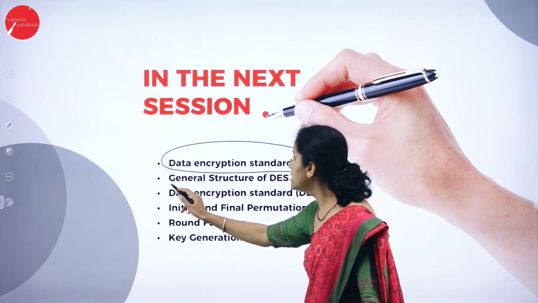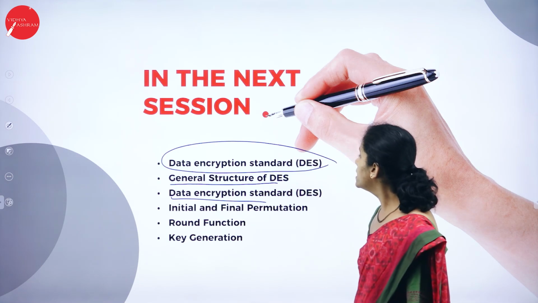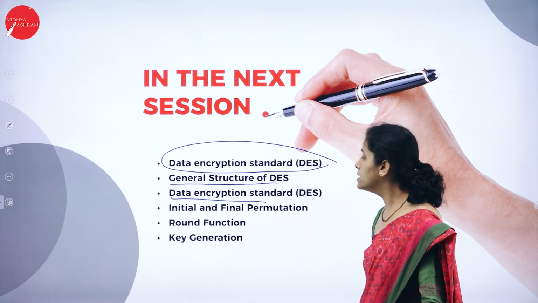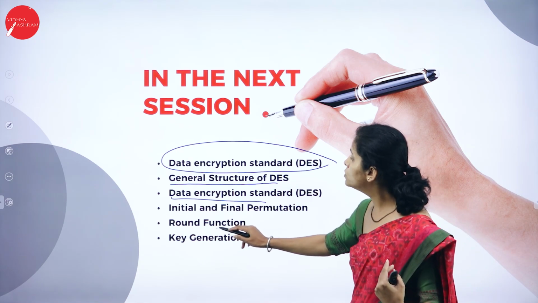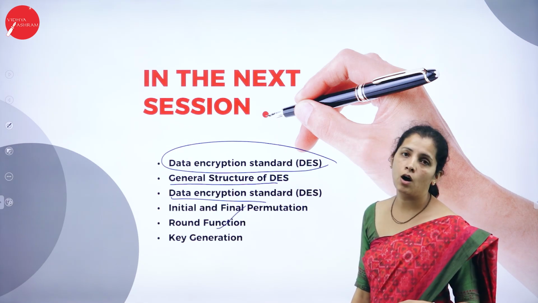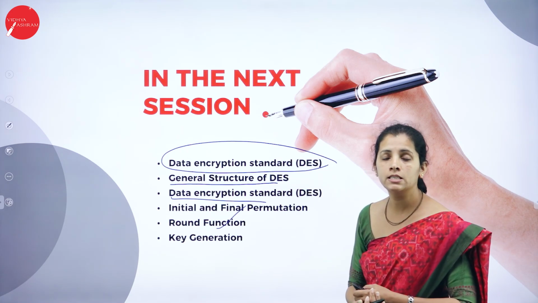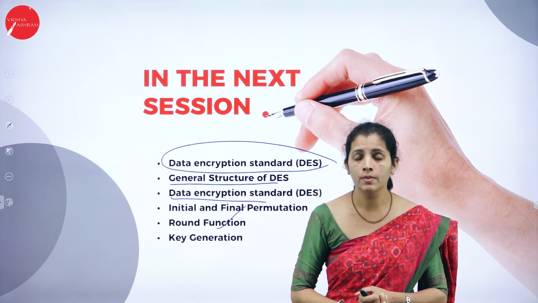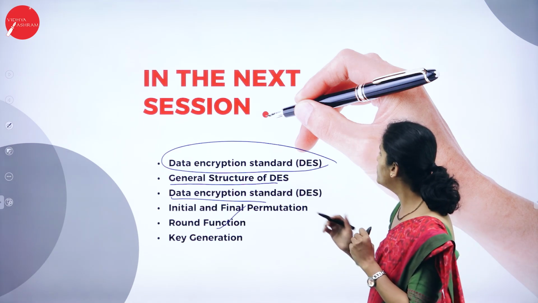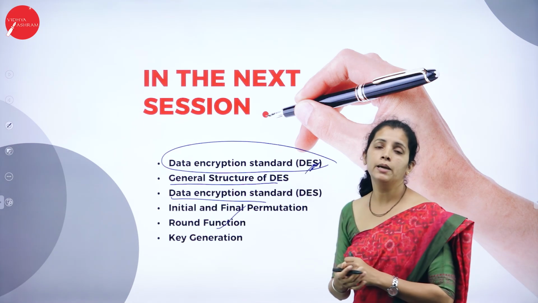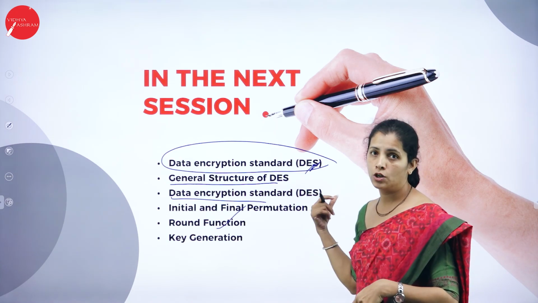The general structure of DES, the initial and final permutation, how to generate the key, and how to apply the round function, all these things I'm going to discuss in my next session. And dear student, from the examination point of view, this is also a very important topic. So don't forget to watch this topic.